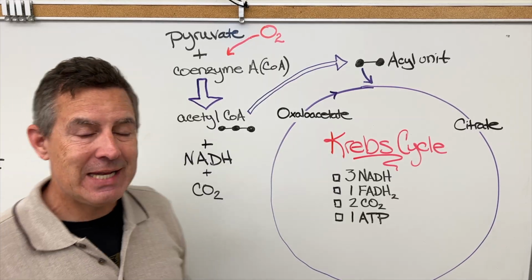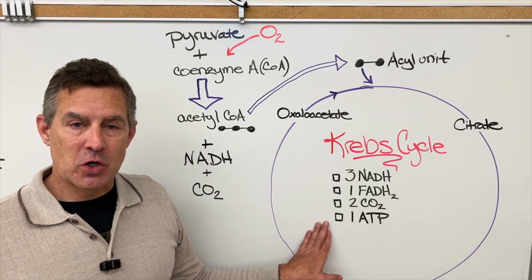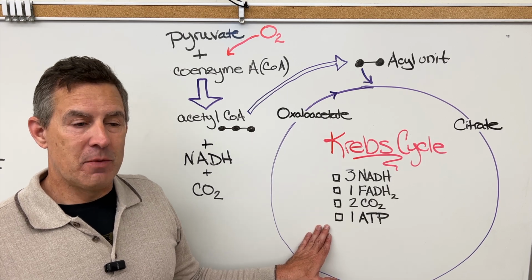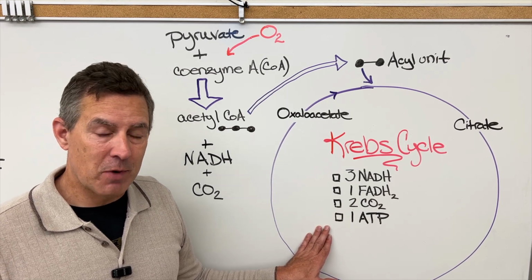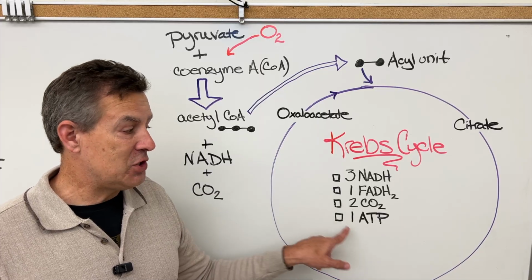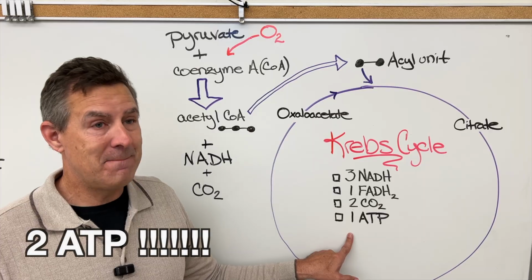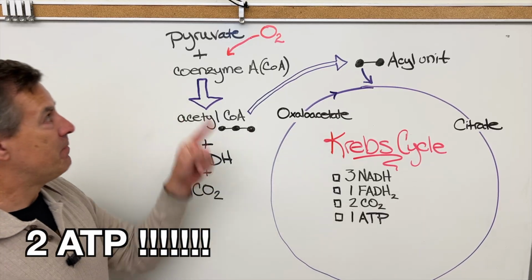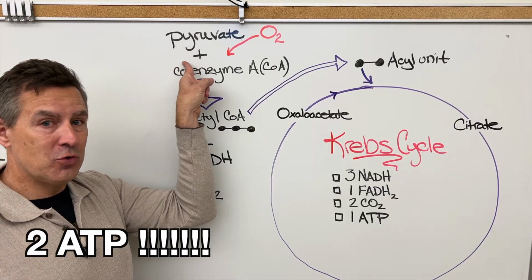So how many ATP molecules are created in the Krebs cycle after the breakdown of 1 glucose molecule via glycolysis? If you said 2, you're correct, because at the end of glycolysis, we are left with 2 pyruvate.